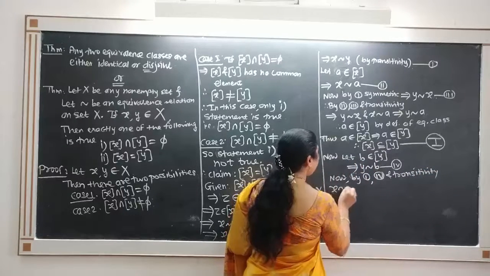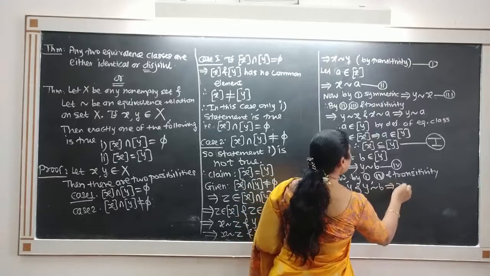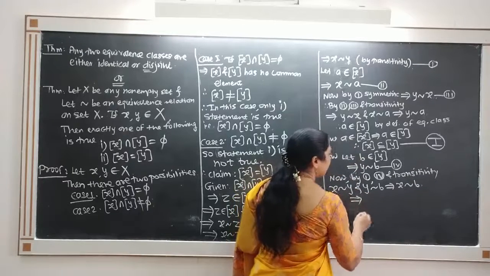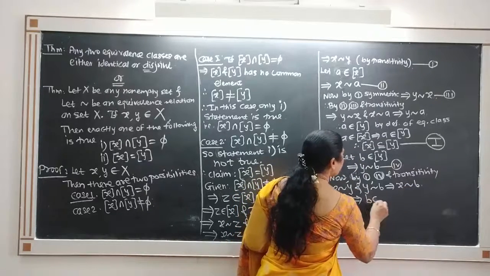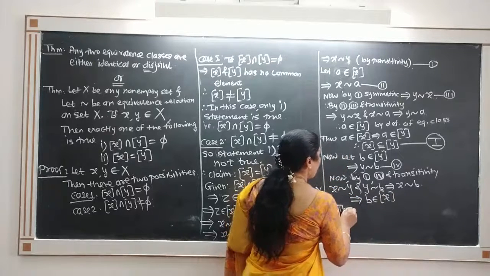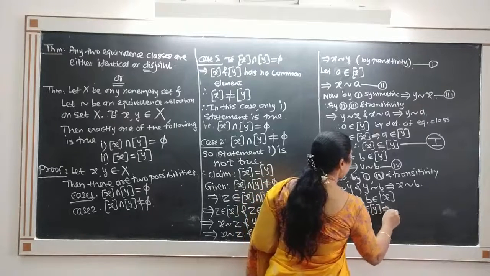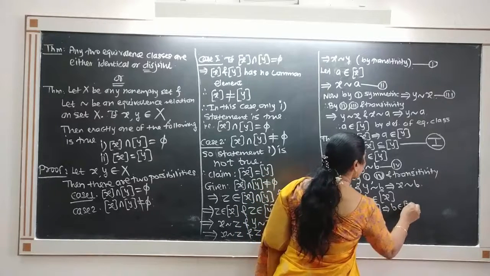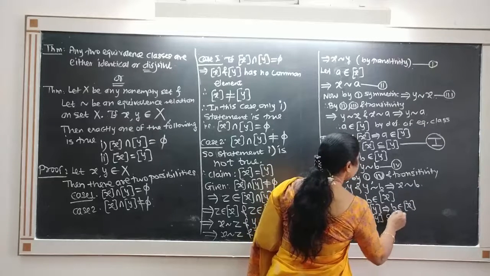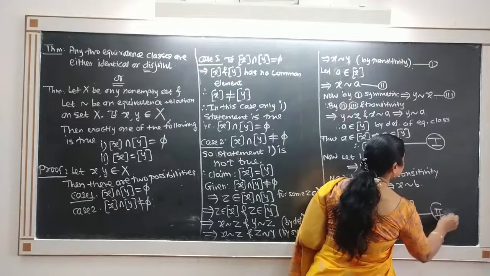X is related with Y and Y is related with B implies that X is also related with B by transitivity, which implies that B belongs to the equivalence class of X. Thus, B belongs to the equivalence class of Y implies that B belongs to the equivalence class of X, and therefore the equivalence class of Y is a subset of the equivalence class of X. This is our second main result.